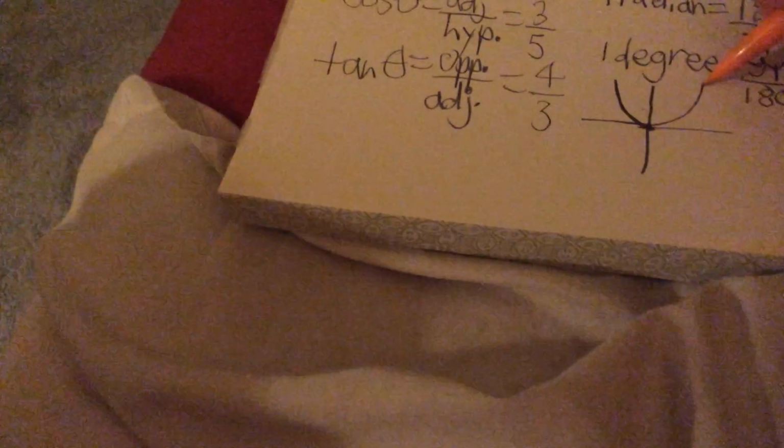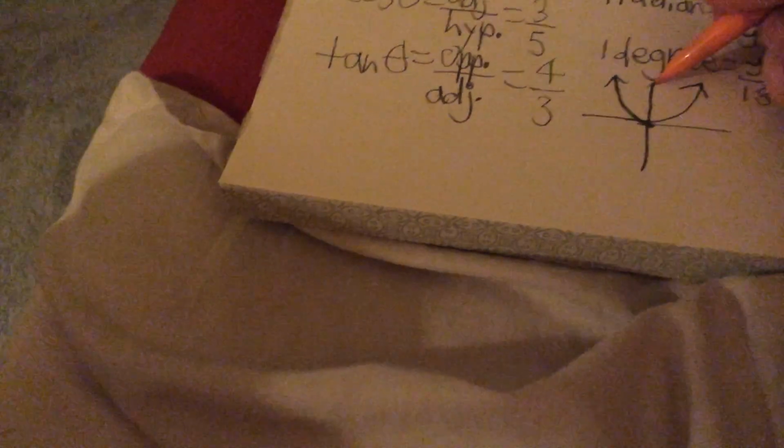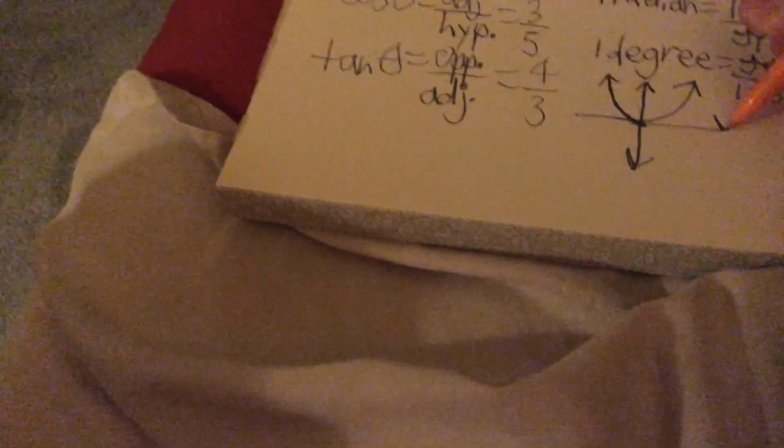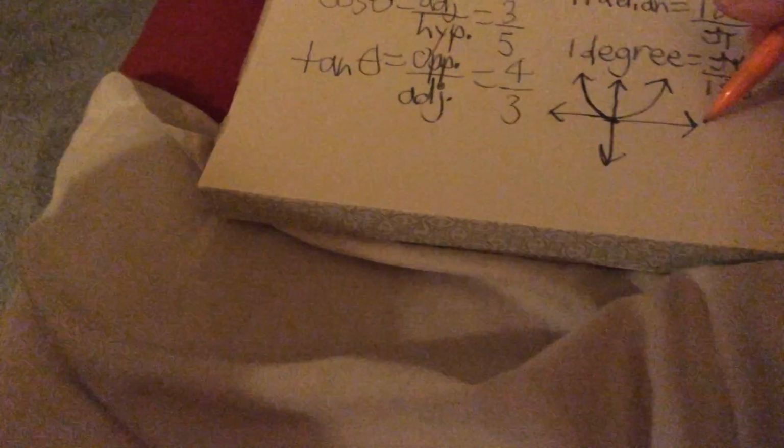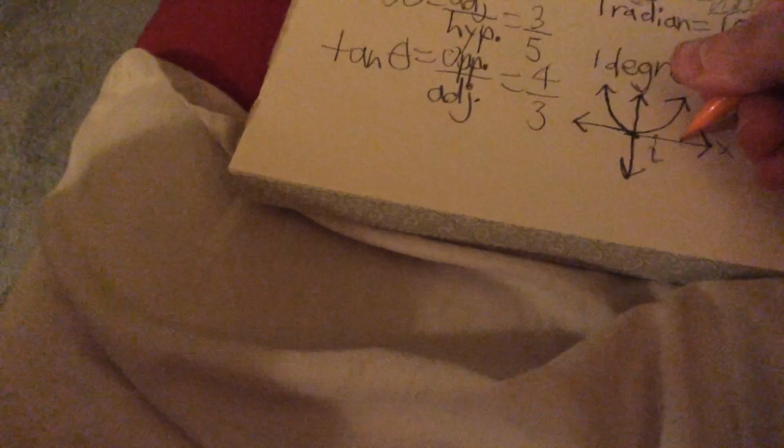Let's say I'm going to start out with a graph here, in which we basically have a parabola. Okay, I'm going to label my axes.